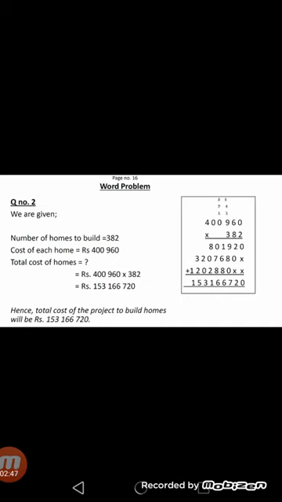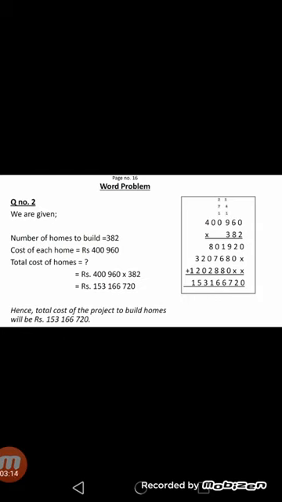If each home costs rupees 400,960, it means the cost of one home will be rupees 400,960. How much will the project cost altogether? It means we have to tell how much total money will be required to build 382 homes.